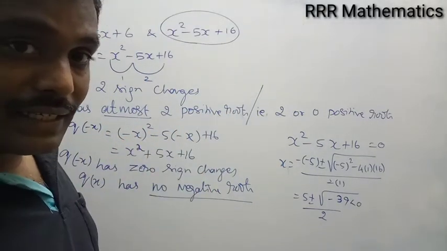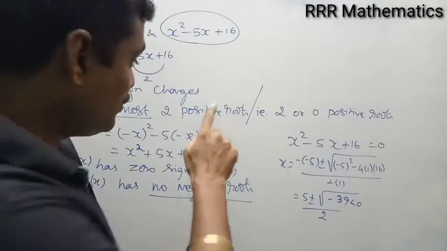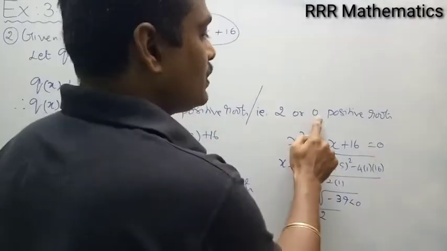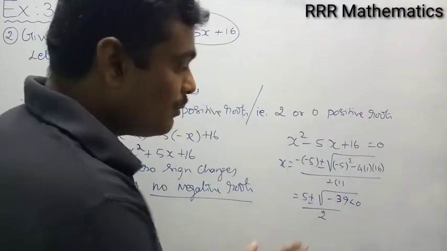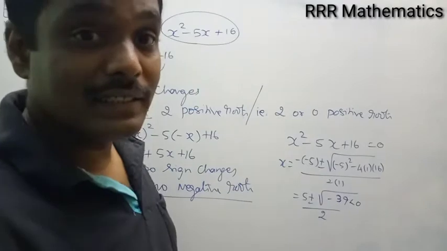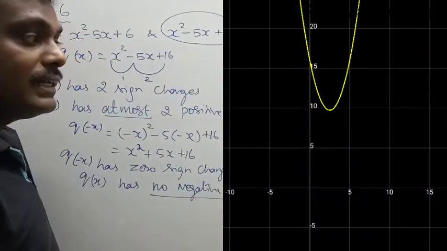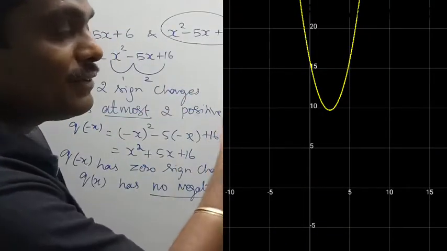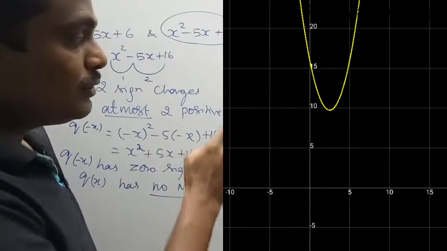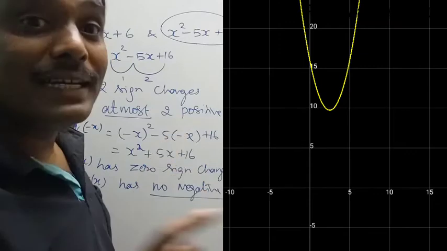It means it is not exactly two positive roots. At most two positive roots, maximum. Or the option is two positive roots or 2 minus 2, 0 positive roots. But when you factorize you are getting two imaginary roots. See the graph. In the graph it does not meet the x-axis. It lies above the x-axis. So the two possible roots are imaginary.